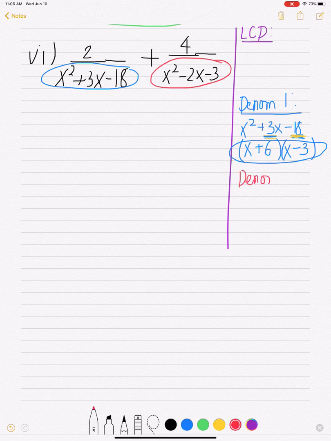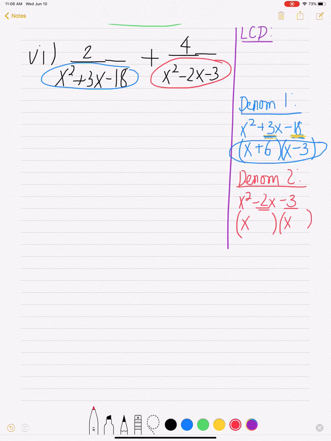Denominator 2, we have what? x squared minus 2x minus 3, and this is another quadratic polynomial with a leading coefficient of 1. So we're going to make our two pairs of parentheses, put an x in the first, put an x in the second, and then find what two numbers multiply to give you negative 3 and add to give you negative 2.